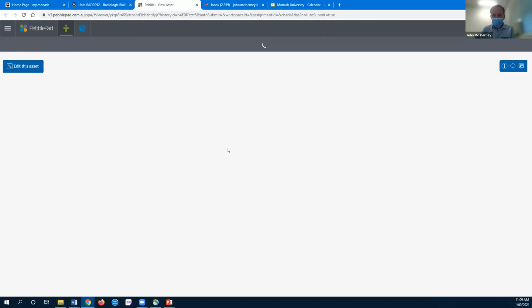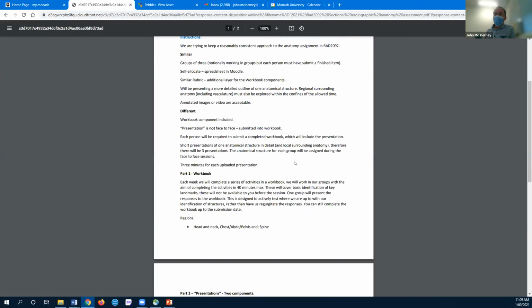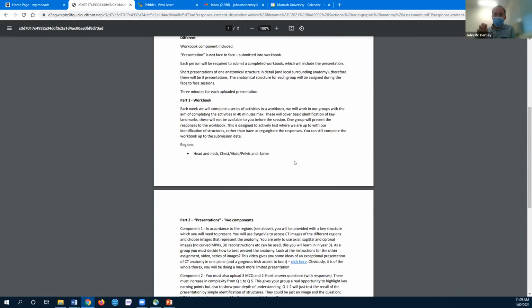Then the second component, if I come back to these instructions, okay, good, that worked. Similar to what you're doing in the anatomy case study, you'll be assigned a particular organ or structure, and you basically have to present that anatomy.